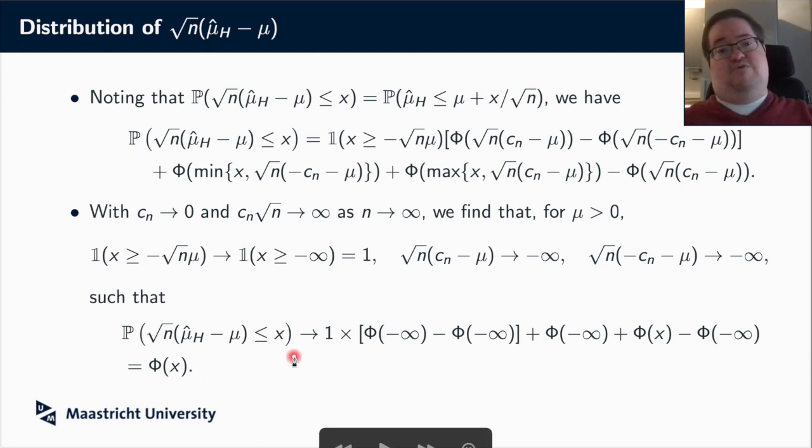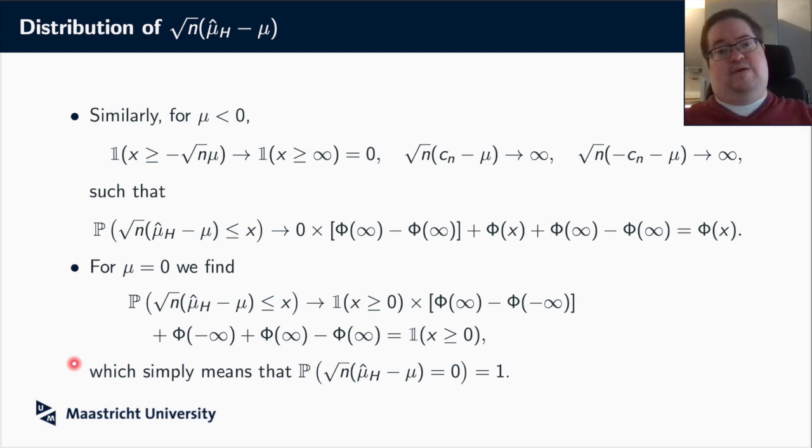If we let n go to infinity, the asymptotic distribution, properly scaled and standardized, of our hard thresholding estimator is equal to standard normal. So that seems like the oracle property. Now let's wrap up the other parts, because we haven't looked at those yet.